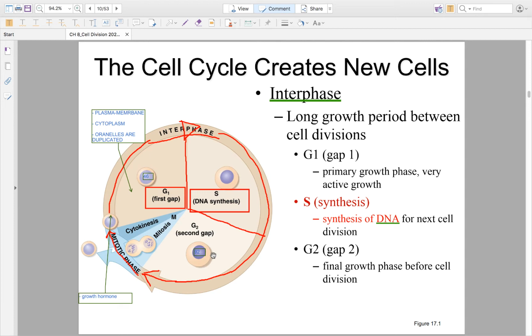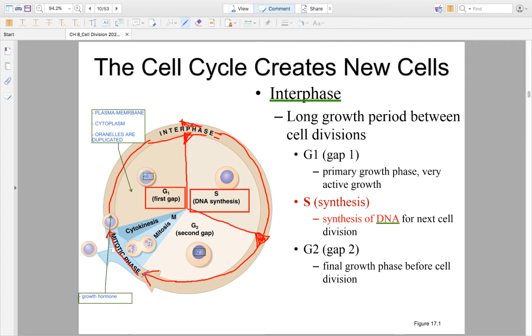There's going to be a checkpoint in there where the cell is checked for errors, making sure that every single chromosome was copied, that every single thing occurred properly, and all the organelles are duplicated. It'll grow a little bit more, and then ultimately the cell will enter the next part, which is the mitotic phase.